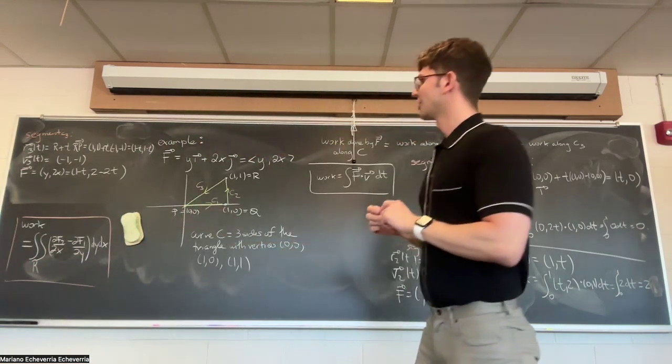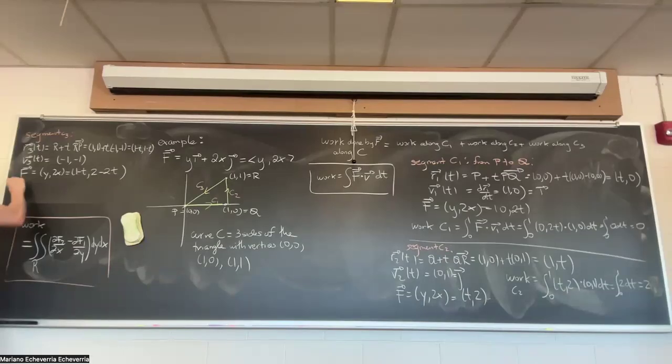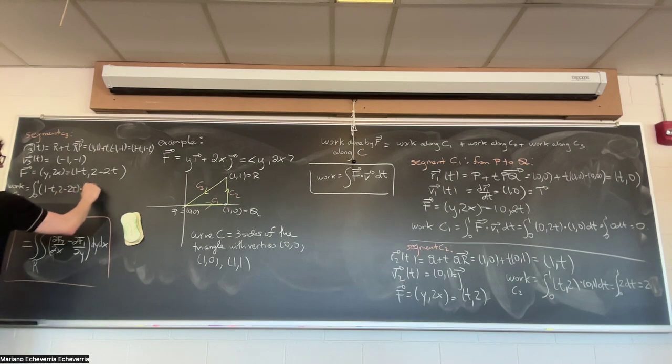Okay. So the third work is the integral of the dot product between this force and this velocity vector. So this is t minus 1 plus 2t minus 2.